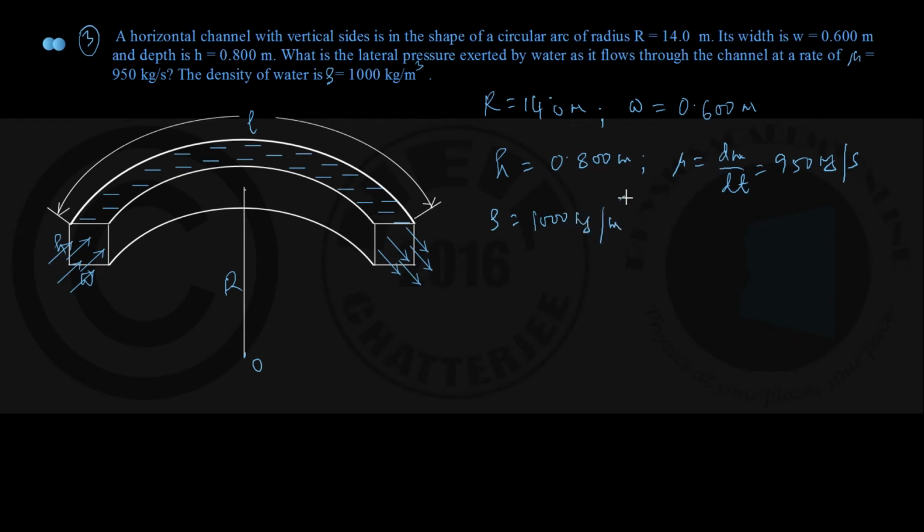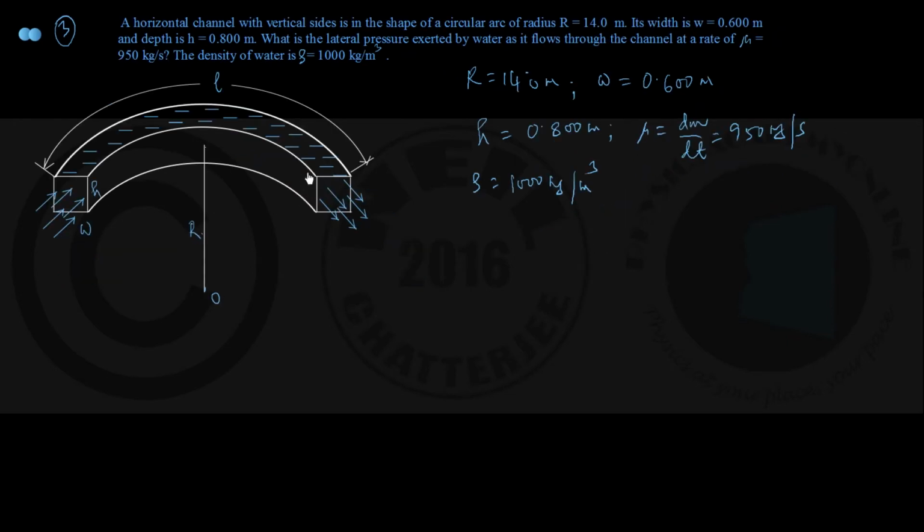Well-known fact. Once we understand the situation of the problem with the figure and list down the data, let us have a glimpse of how I should approach the problem.